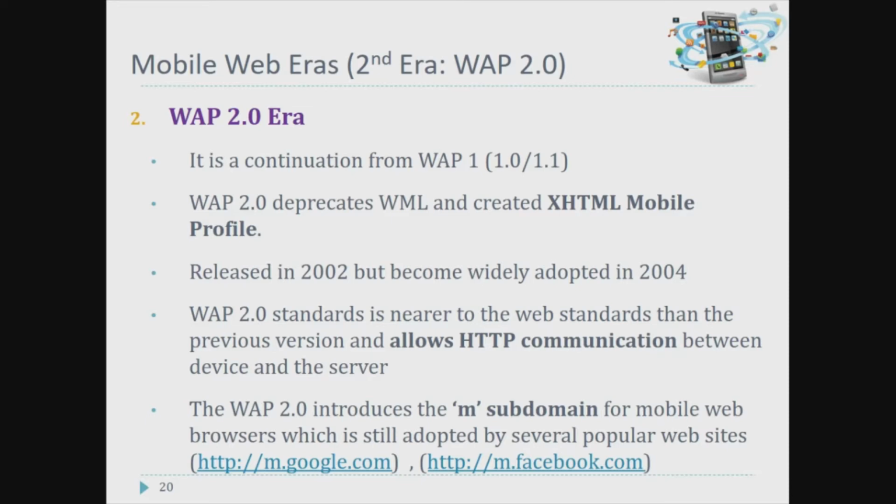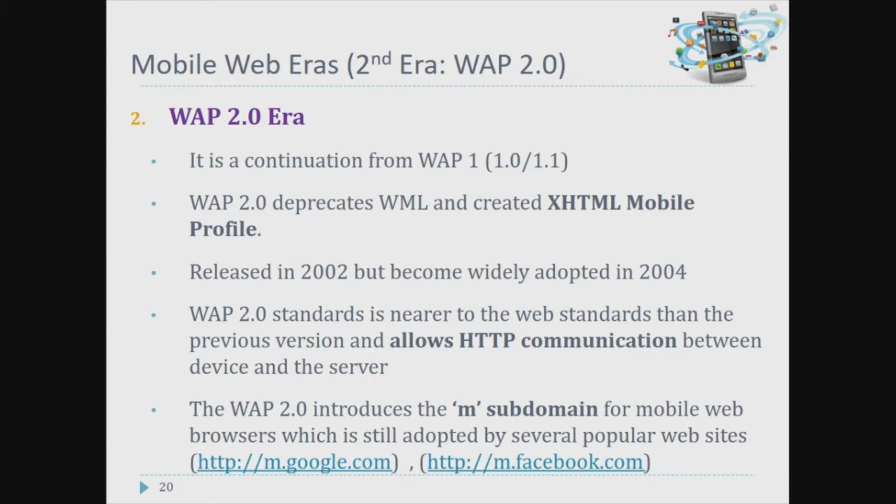During that time, mobile devices were not as sophisticated as the mobile phones that we have now. This standard is nearer to the web standard than the previous version and allows HTTP communication between the device and the server. During this era, they introduced the m subdomains meant for mobile web browsers.